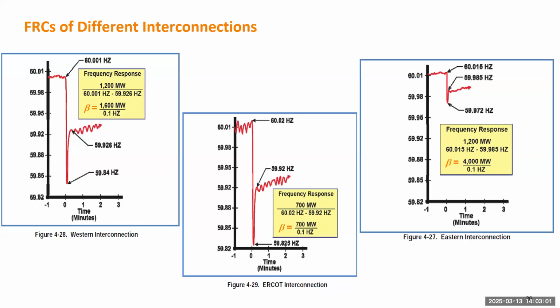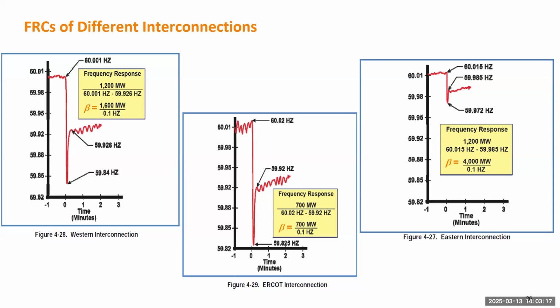So that's huge, right? For the Eastern connection, that value is 4 gigawatt. In order to see 0.1 hertz frequency deviation, the load or generation has to be changed by 4 gigawatt.